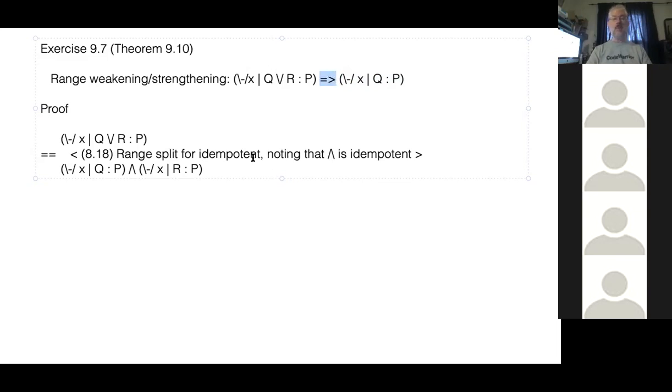And another hint that this would be useful is we're proving a weakening strengthening rule in chapter 9, which often means we're going to want to use a weakening strengthening rule from chapter 3. And that's exactly what we're looking for, one of the 3.76 weakening strengthening rules. So in particular, we want 3.76b.